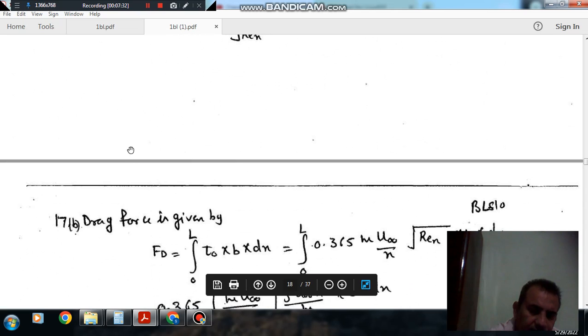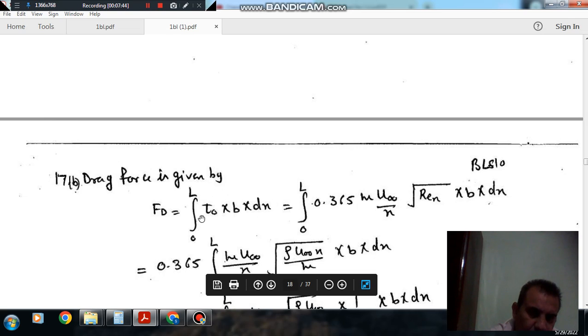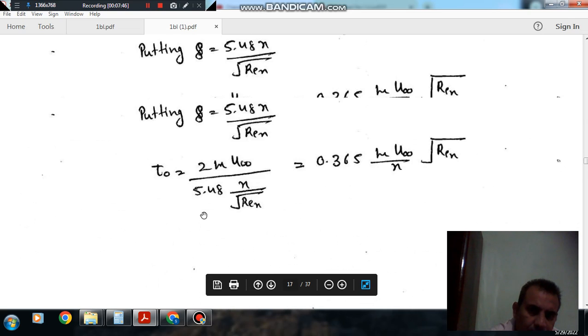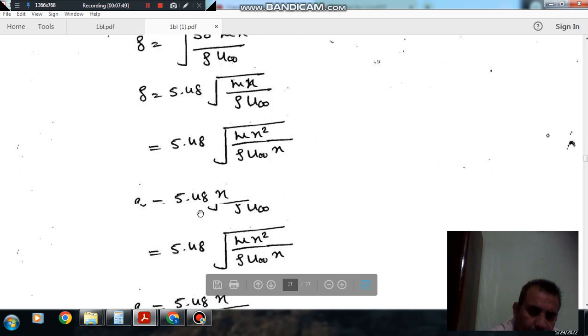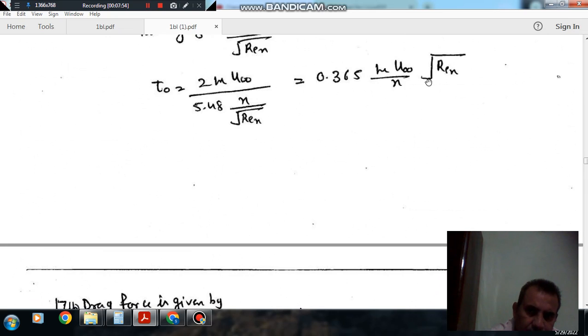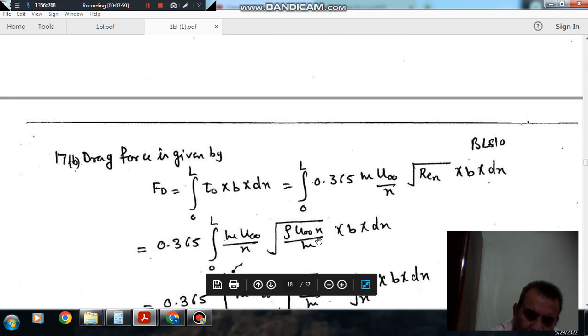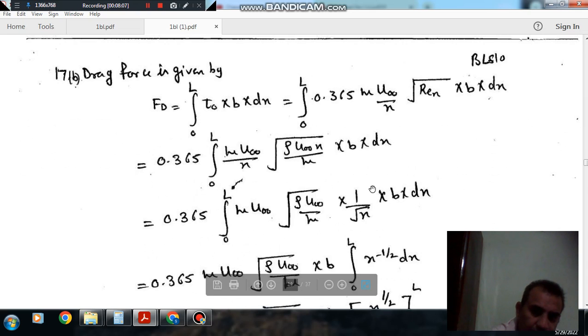Okay, next is drag force. So drag force is shear stress multiplied by the area for a small strip. This is the force, and if we integrate between 0 to L, then we can find out the total drag force. So the value of tau naught is this in terms of Rex. Rex can be changed into rho u infinity x by mu, to take the terms in x and other constants.